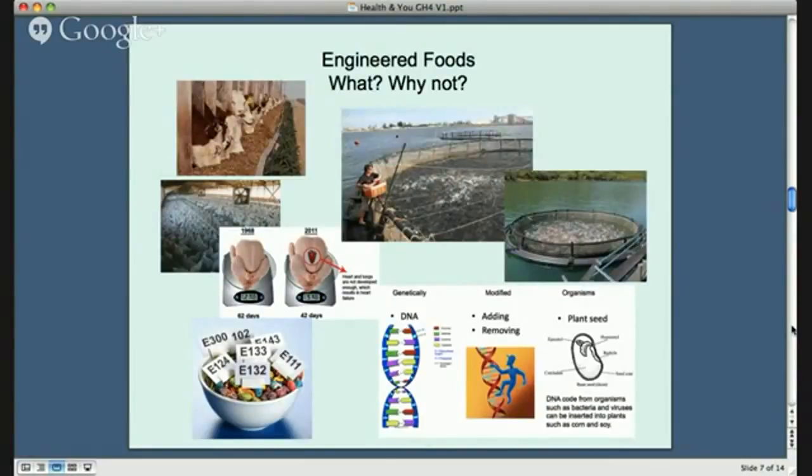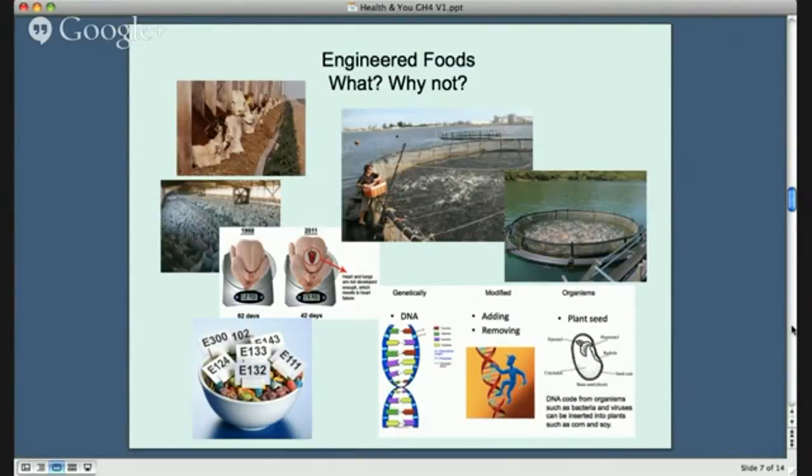Now, moving across now to the engineered foods, and in here I include GMOs. I'm including grain-fed chickens, grain-fed cattle, grain-fed fish, which in a lot of those situations, the grains and the foods that they're fed are GMO.